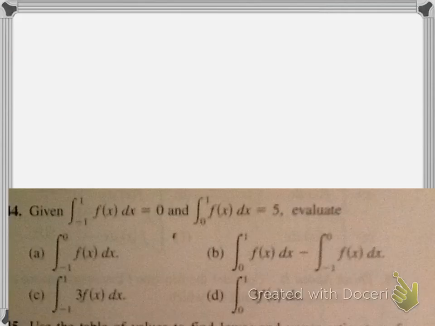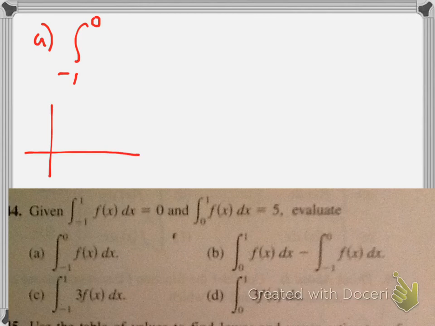We're going to continue here. The interval from -1 to 0. We have the integral from -1 to 1. If you think about this as a visual, the integral from -1 to 1, and then the integral from 0 to 1.